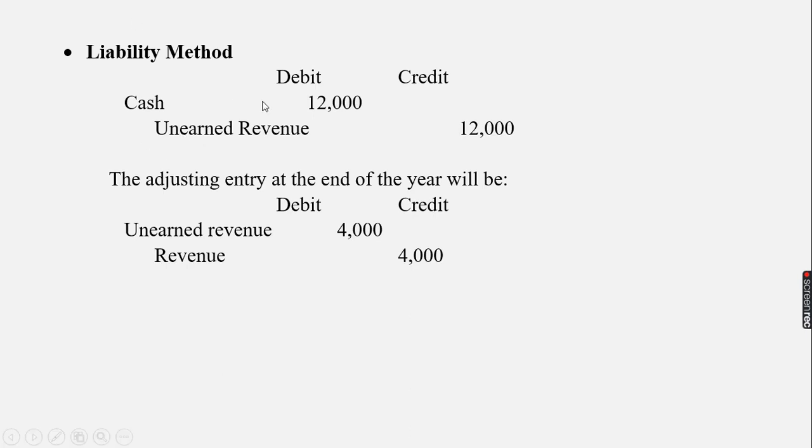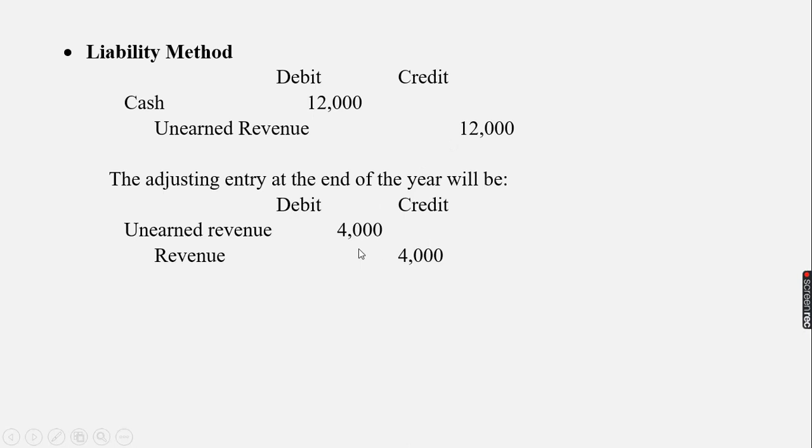Ayan, liability method o cash, 12,000. Pero, ang ilalagay mo dito, unearned. Hindi mo pa kasi siya na-earn na revenue sa 12,000. Pero, ang adjusting entry mo na sa December 31, since na-earn mo naman na yung 4 months, which is 4,000, ilalagay mo dito, ayan, mababawasan yung unearned revenue mo, magiging debit siya 4,000, and revenue, may revenue ka na 4,000.